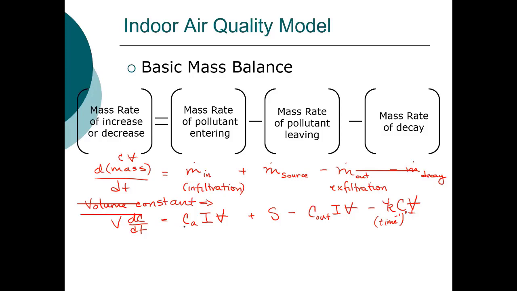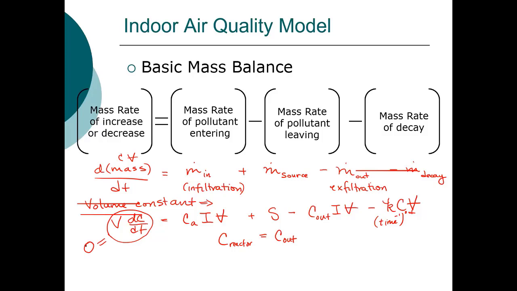Now we said also that the concentration inside, and I'll just refer to this as the reactor, is equal to the concentration leaving the reactor when what conditions are applicable? When is the concentration in the reactor equal to the concentration leaving the reactor? If it's steady state, then this term here is equal to 0.